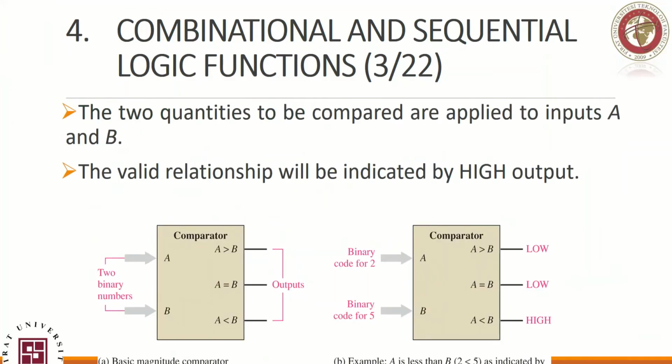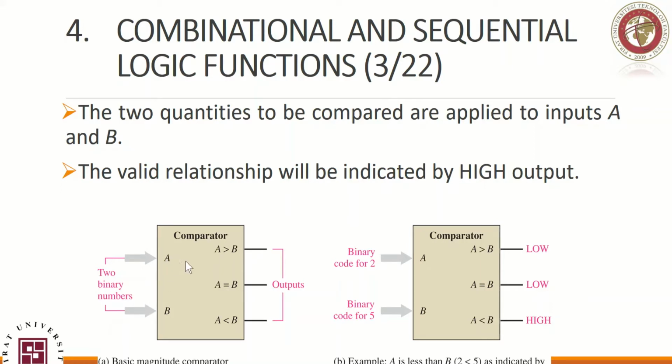So look at this representation. We have two inputs, A and B. And if they are equal, we have one output that indicates that they are equal. How do I know that this one is indicating equal? This one will be set high and these two will be set low if these two quantities are equal.